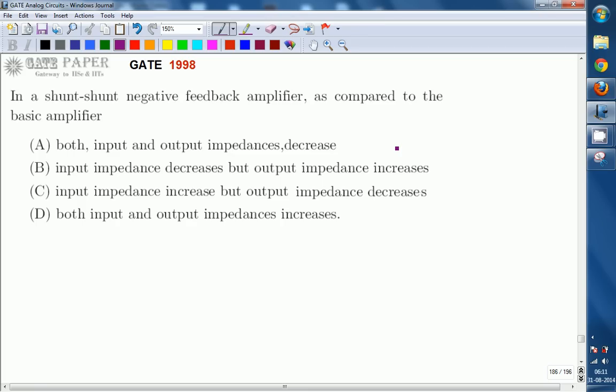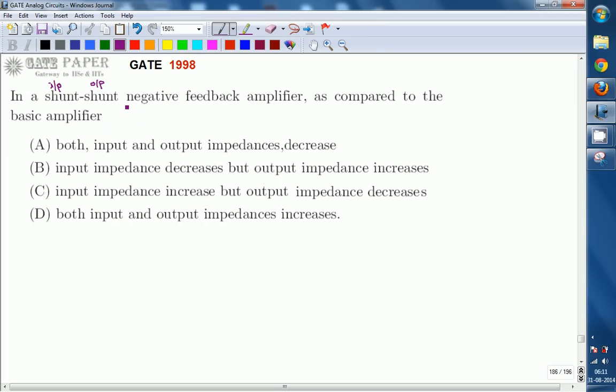It is given that it is a shunt negative feedback amplifier. Whenever we say shunt, the first word is related to the input side and the second word is related to the output side.